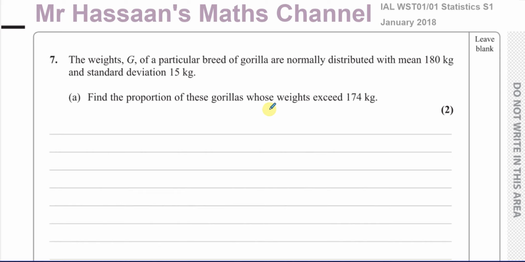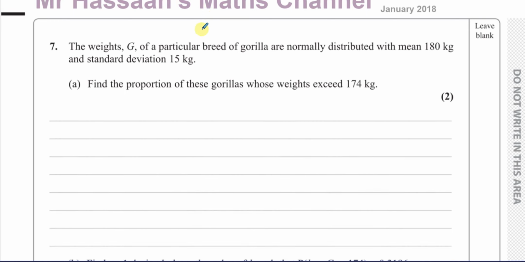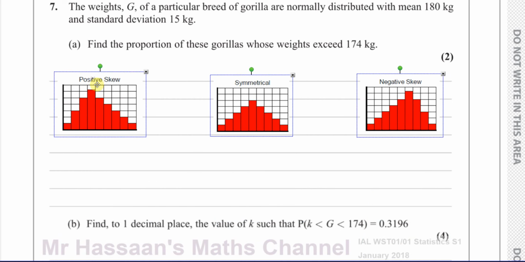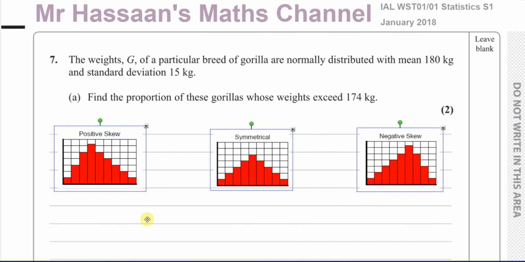Now there's different types of distribution that could occur when you collect data. One of them is where you can have data which is positively skewed, one negatively skewed, and one symmetrical. So let's have a look at these different types of distributions.